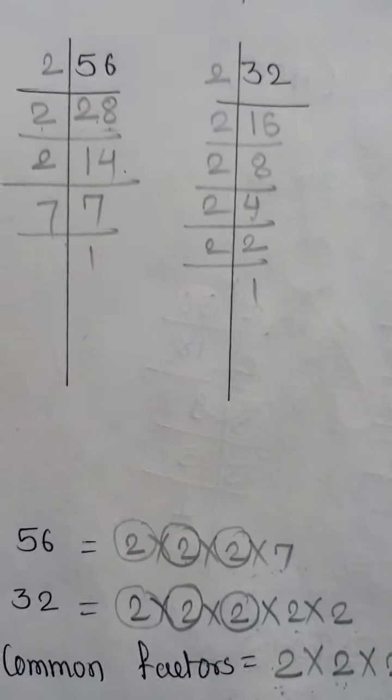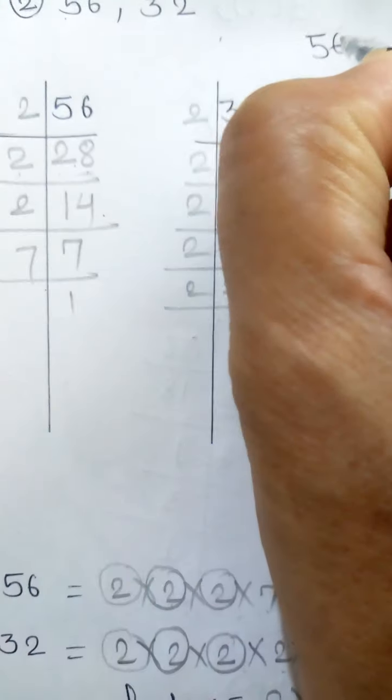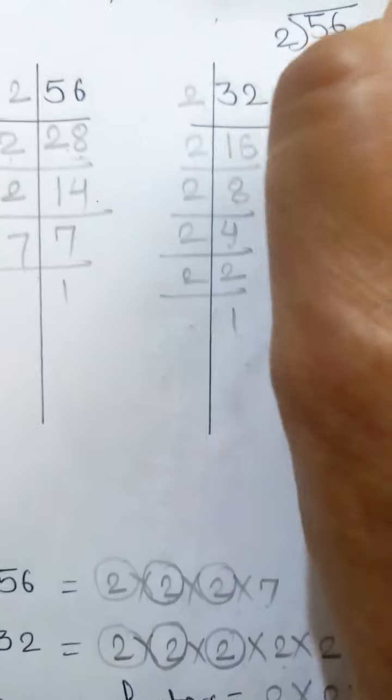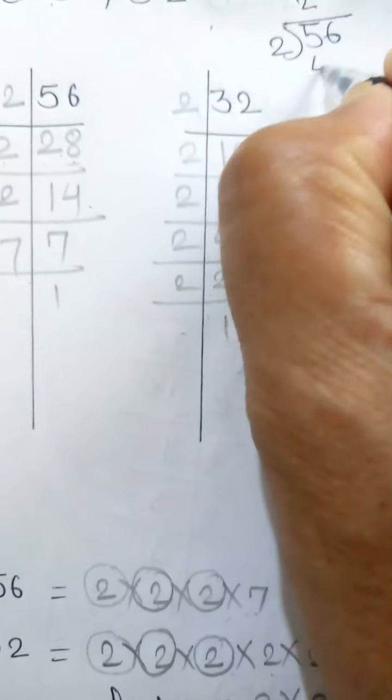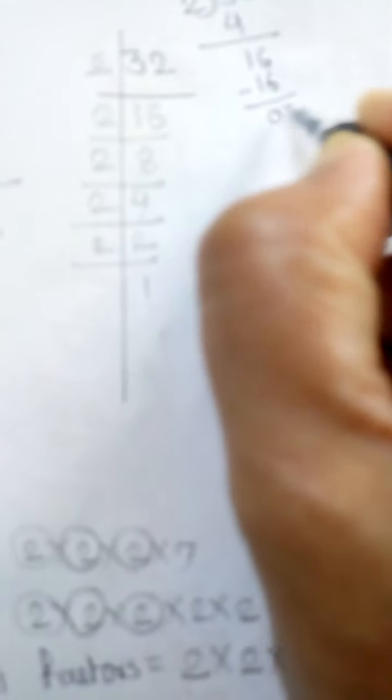If you don't know how to solve that, you can divide anywhere. Suppose we divide 56 by 2, then 2 2s are 4, bring down 1 and 6. Then 2 8s are 16, remainder 0. So our quotient is 28. So here you can write 28.